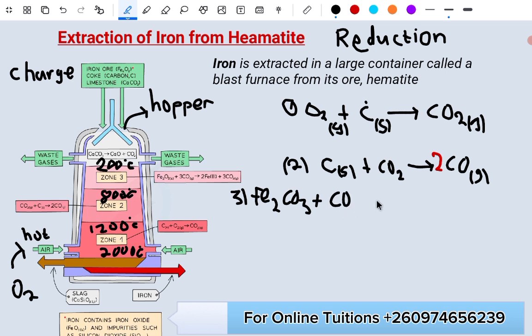This will give us iron now. We leave space for balancing the equation, to give us iron plus carbon dioxide.